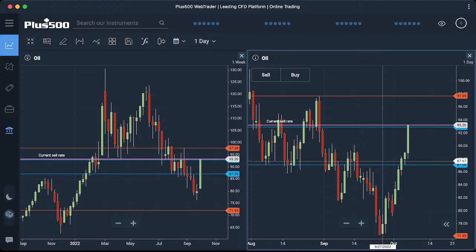As you can see, after taking this liquidity at the 87 level, price action didn't give us any sell setup, and it pushed to the upside and took this equal high buy side liquidity at the 90.30 level.